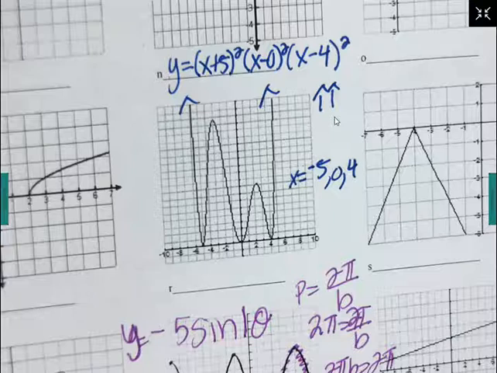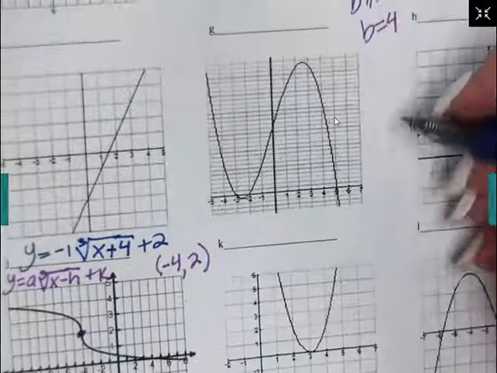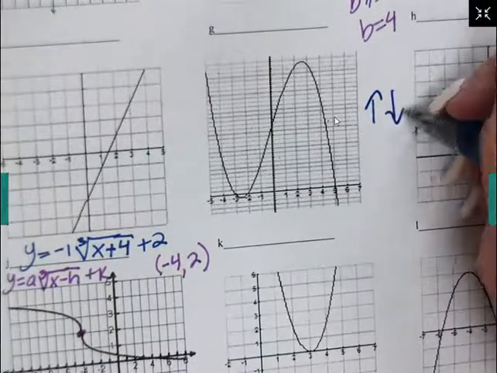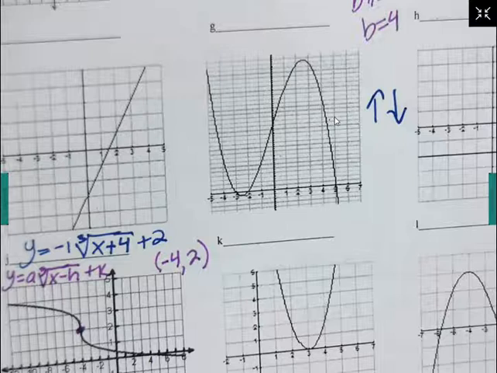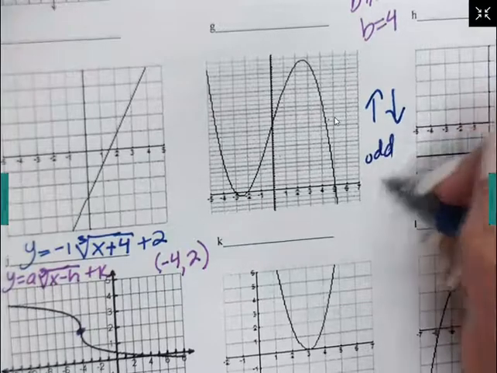Yes, ma'am. What if it wasn't up? Well, let's look at G. On G, it's going up, down. If they go opposite ways, that means it's odd, so your degree is odd. And if the end behavior is down, then it's negative. So this is odd and negative.